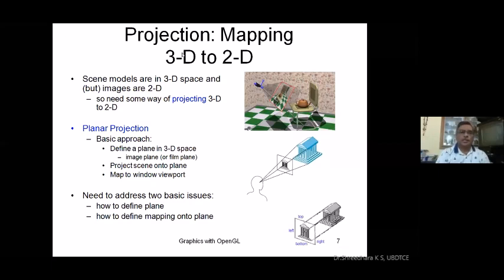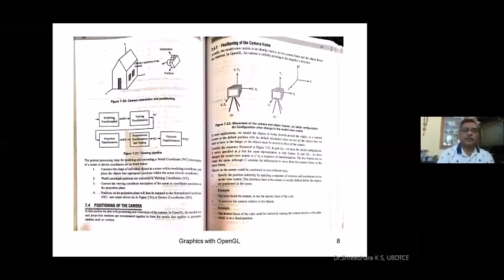So this is the viewing pipeline architecture, generalizing our viewing pipeline support. First, the modeling transformation: which object you are observing.